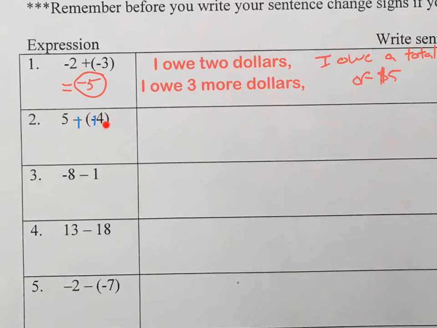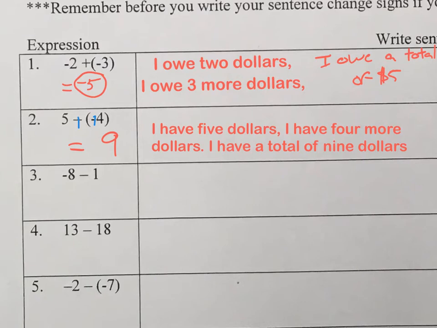So I'm going to have more, right? I have $5, I have $4 more. It's like saying I have $5 in my left pocket, I have $4 in my right pocket, I'm going to have a total of $9. So write that out on the sentence space right there. And the correct answer here is +9 because you have a total of $9.